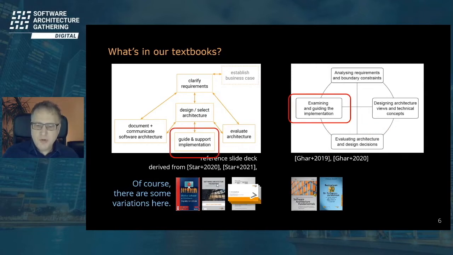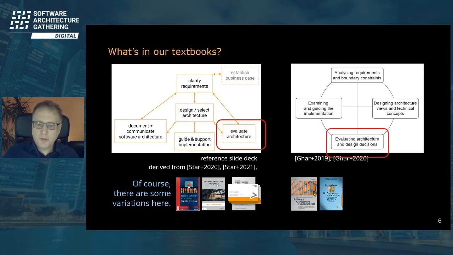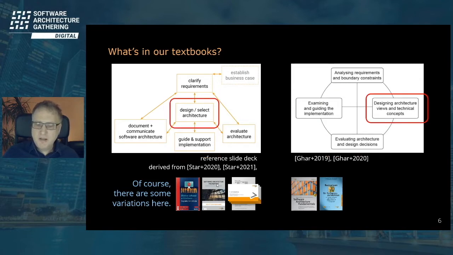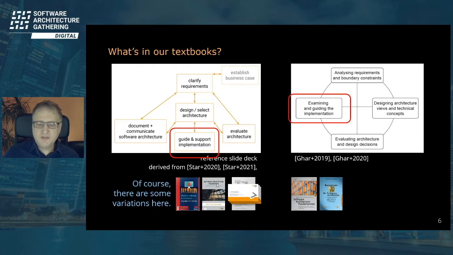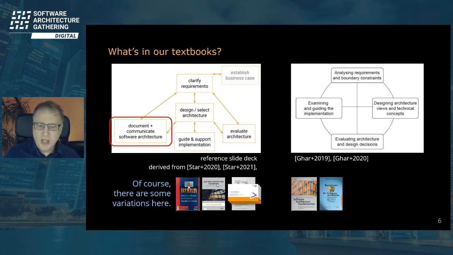And to be able to do this, of course, we have to help developers. We have to talk to other stakeholders. We have to make sure what we thought about here in this step in the design phase gets put into practice. So this is also clear, and also documenting things, making things persistent, making people stick to these things.